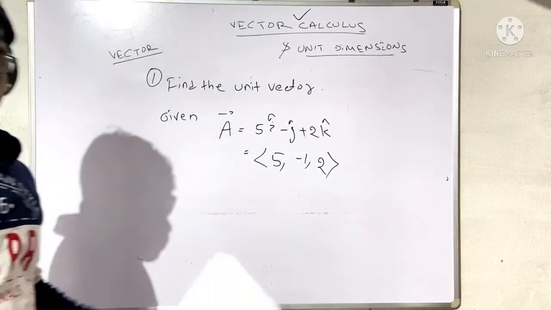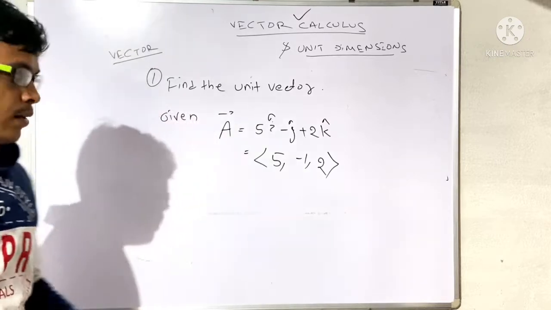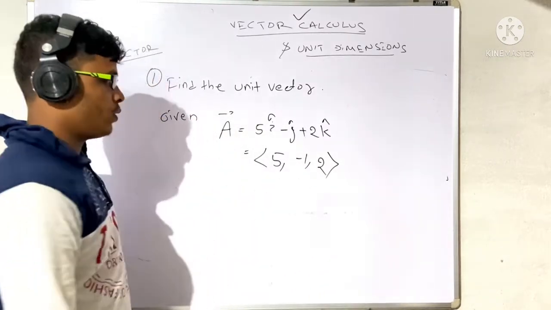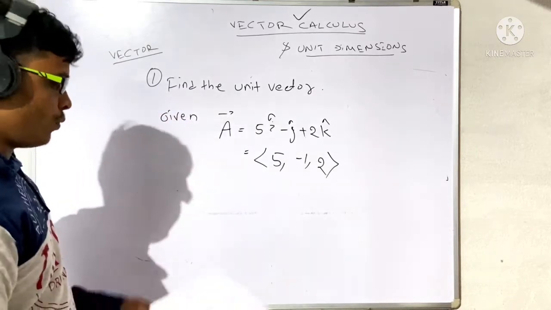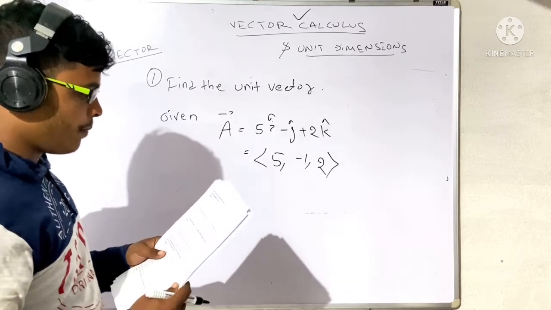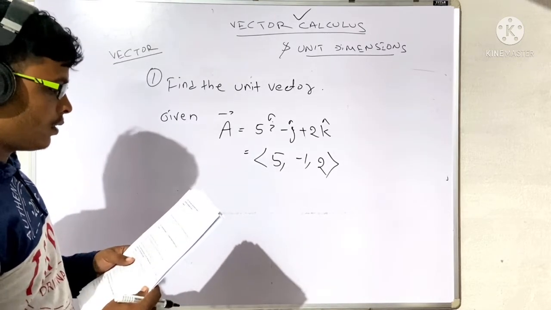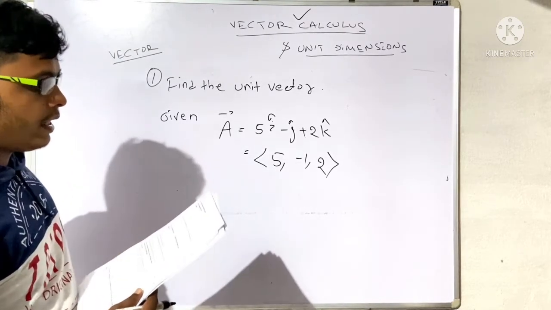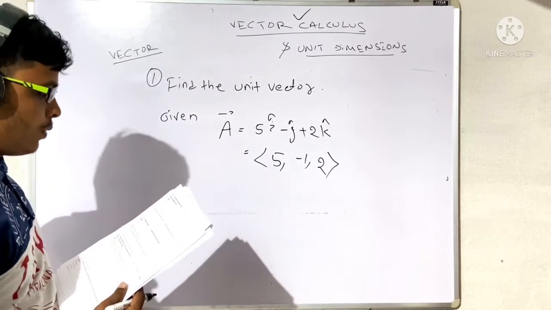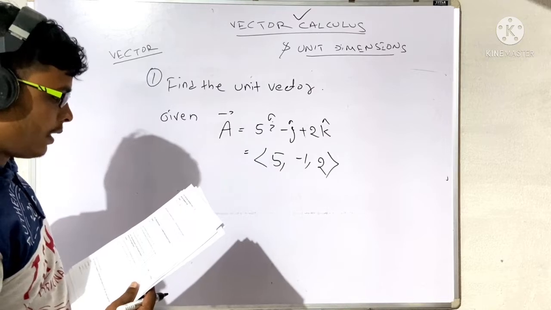If you don't know, go to my previous classes on vector calculus, then you will see how we represent a vector. So this is 5, minus 1, 2. Then find the unit vector. Okay, find a vector in the direction of the vector 5 i cap minus j cap plus 2 k cap.